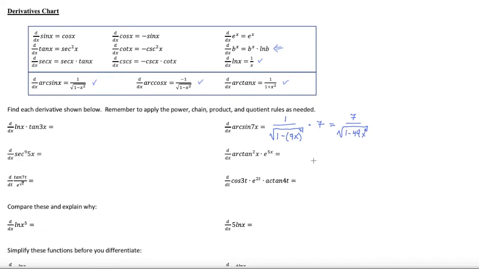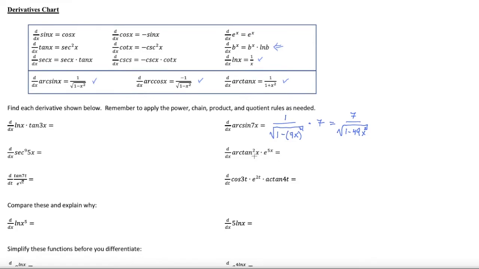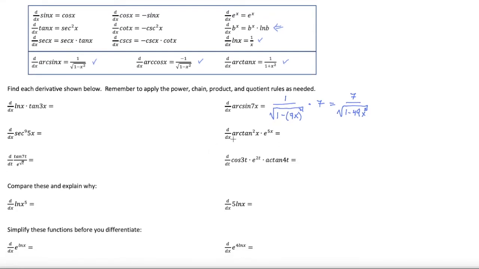Here's another example that requires the product rule. And again, we're going to let u be our first factor and let v be our second factor. And the derivative of stuff to the second is 2 stuff to the first times the derivative of that stuff, which is 1 over 1 plus x squared.